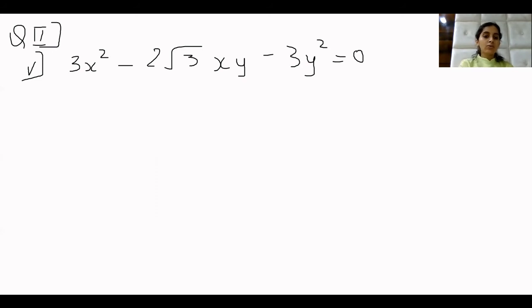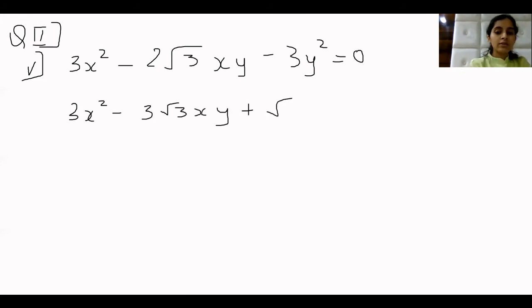Basically, you have to factorize the middle term. Okay, so how would we do this now? It's just the same as you factorize quadratics. The two terms that we are going to find out give us 3x square minus 3 root 3xy plus root 3xy minus 3y square equal to 0.